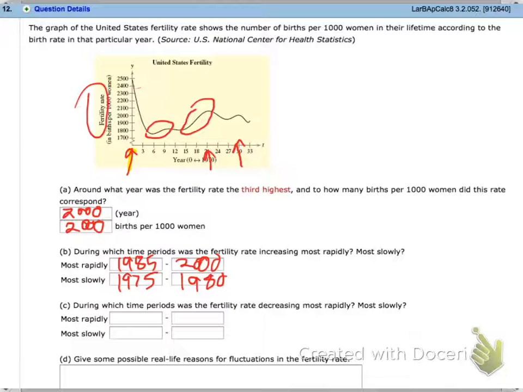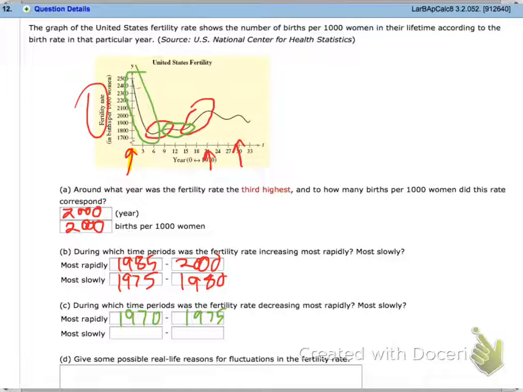And then during which time periods was fertility rate decreasing most rapidly? So now we're going to go decreasing. Let's change colors. The first stretch is definitely the steepest, and that's 1970 to 1975. And then most slowly, pretty mellow right about there. It's a pretty low rate of decrease.